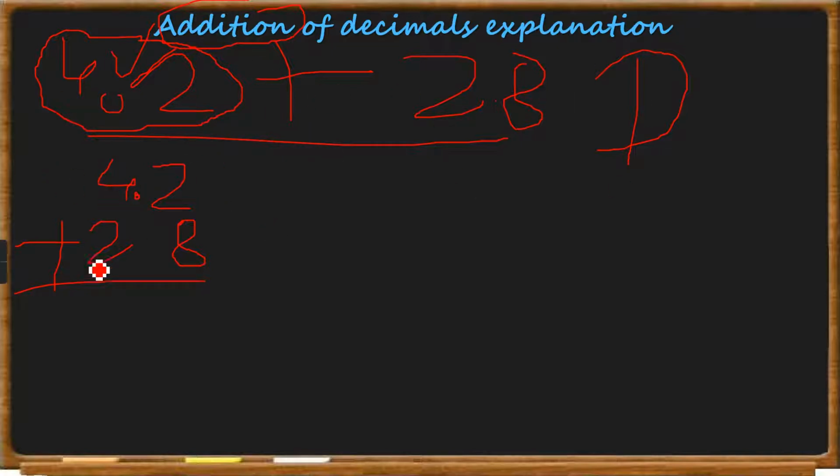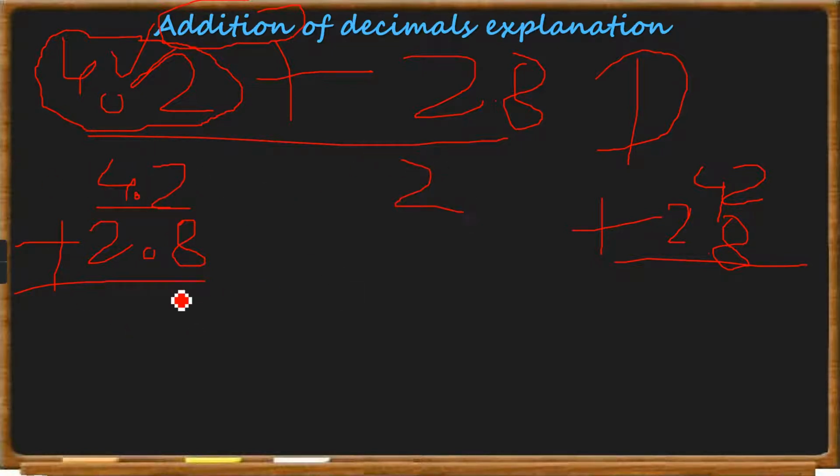Like this you need to write 4.2 and 2.8. Sorry, I don't know calculating very well. Same thing here, but the difference is that the decimal point is added, nothing else.